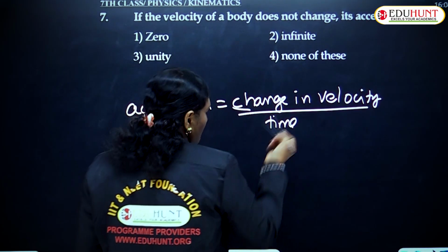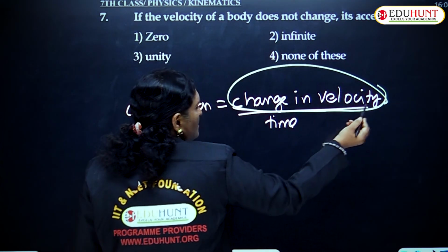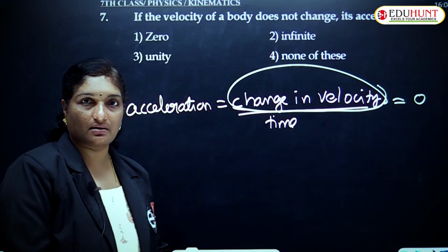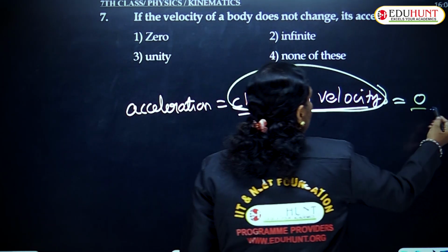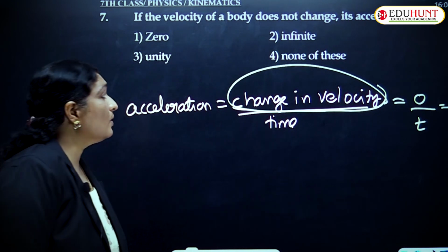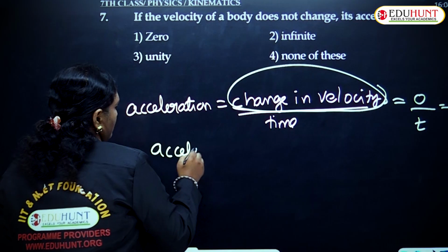But what they said was no change in velocity, which means the change in velocity is 0. So the value is 0 upon some time t. 0 by anything is how much, children? 0. So acceleration is 0.